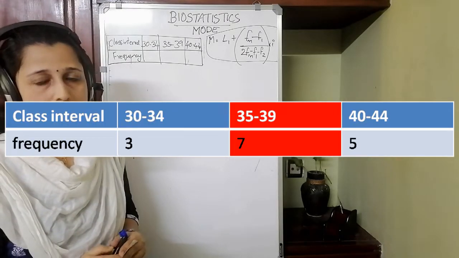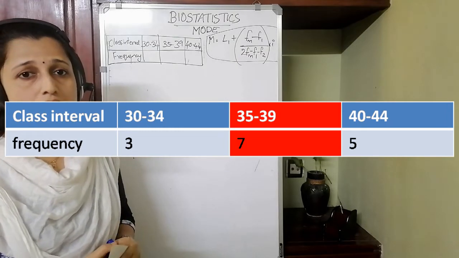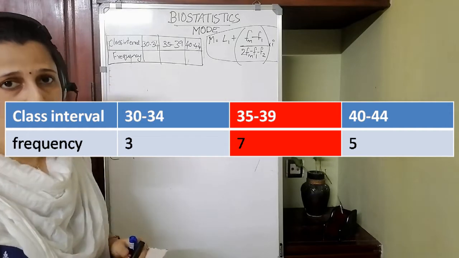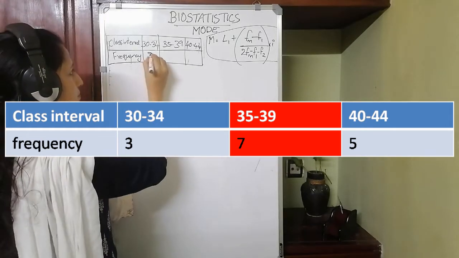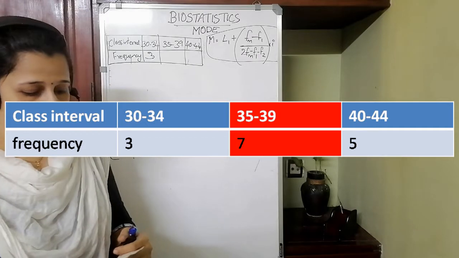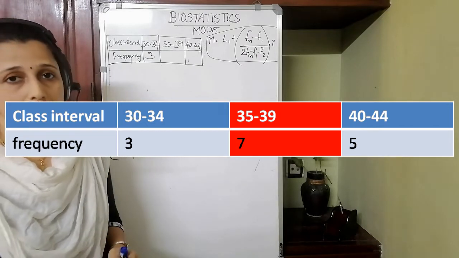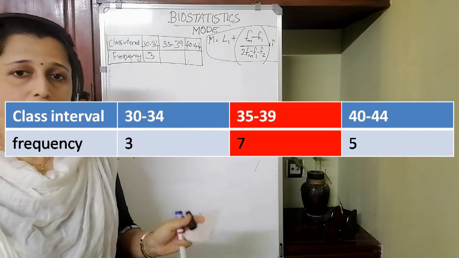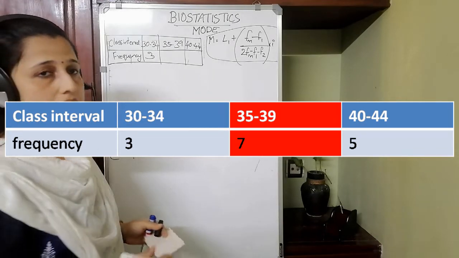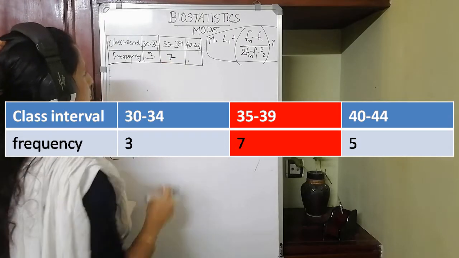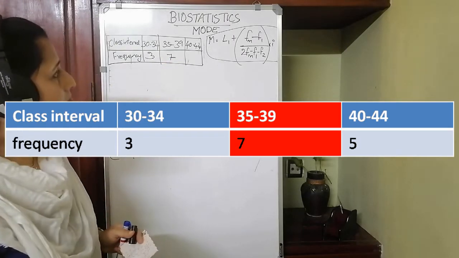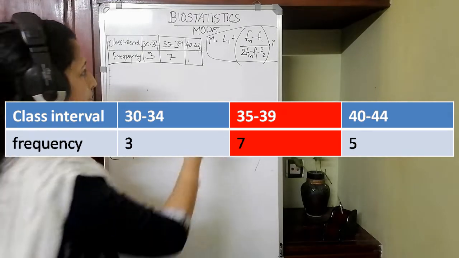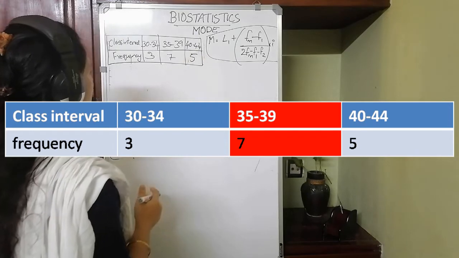So the frequency of the variables coming between 30 and 34, we can find from the question, is 3. From 35 to 39, the variables in the range of 35 to 39, it is 7. And 40 to 45, it is 5.